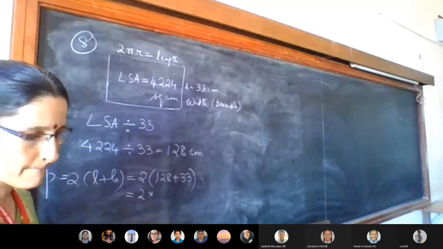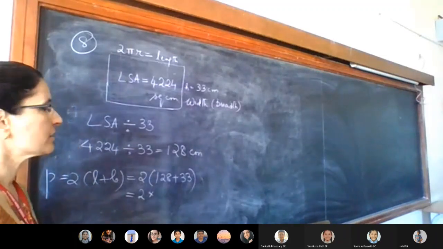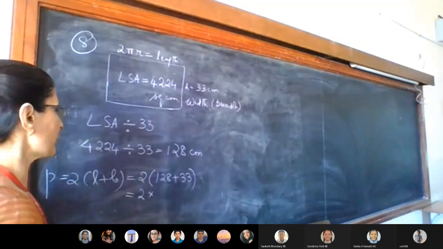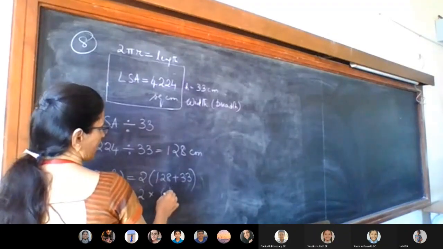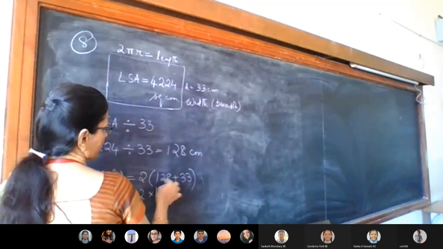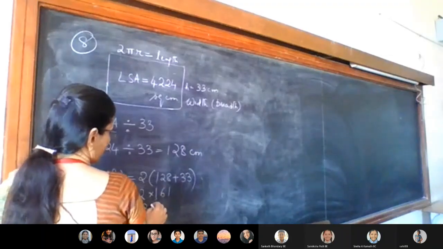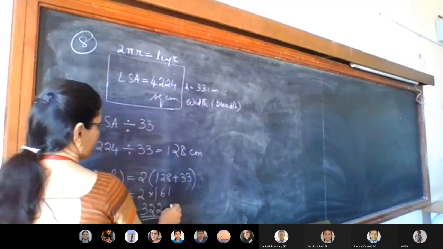Find out. What does this come as? 161. Yeah. So 300.